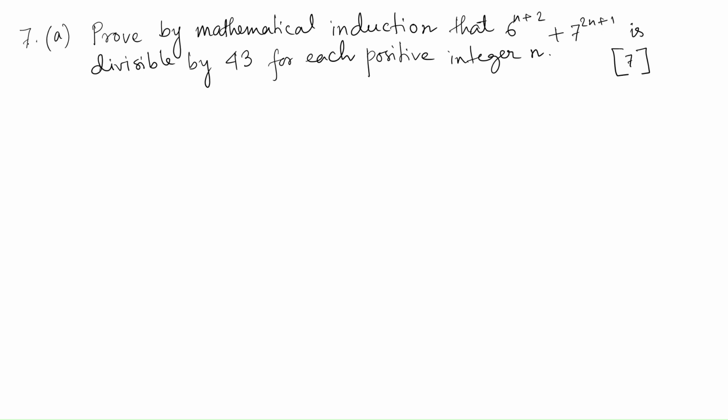Question number 7a. Prove by mathematical induction that 6 power n plus 2 plus 7 power twice n plus 1 is divisible by 43 for each positive integer n.